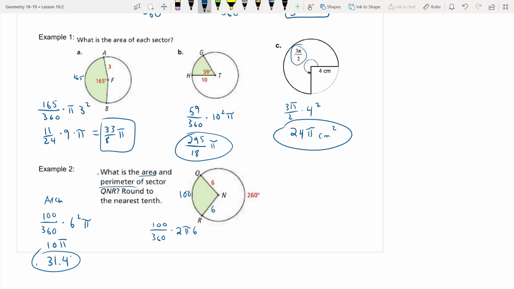And that gives me 10 over 3 pi, which when we get our 1 decimal place, gives me 10.5. Now, if they want the perimeter, we also have to add in those extra 6's. So I've got 10.5 plus 6 plus 6. So my perimeter is going to be 22.5 there. Area was 31.4. Perimeter was 22.5. So a little bit of an extra trick, knowing that I have to add the 6 and add 6 more for the perimeter of the figure QNR.